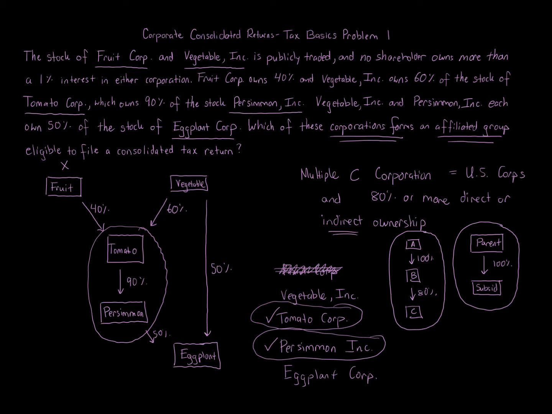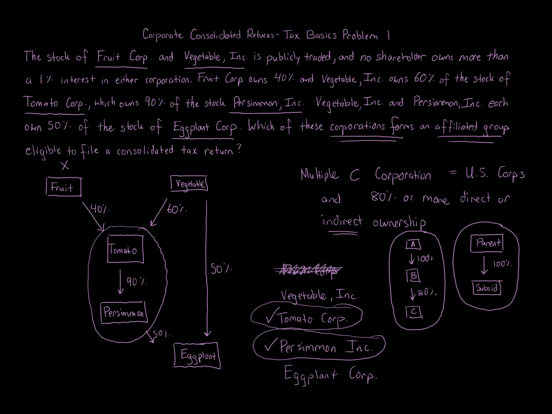The way that we calculate that is we take persimmon's 50% ownership, and then you basically have to multiply those numbers, so 50% times 60% is 30%, and 30% times 90% is 27%. So persimmon owns 50%, and then there would be 27% of indirect ownership, which is 77, which does not equal 80.